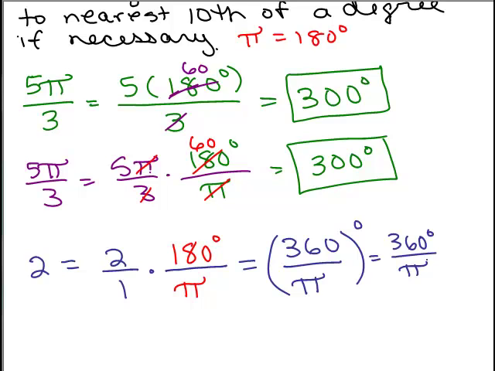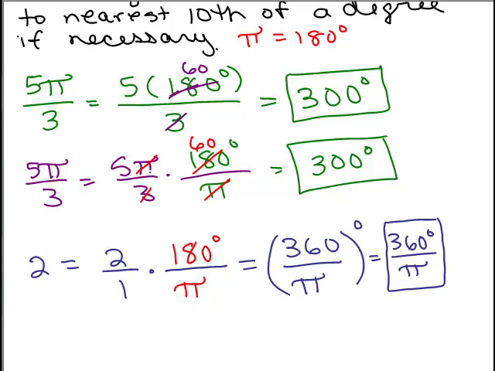Okay, now I said round to the nearest tenth of a degree if necessary. So this is the exact answer, either one of these that I've written. But now I'd like to know about how many degrees that is. So we want to take 360 and divide by pi. You want to use the exact value of pi, so use a calculator. Don't put in 3.14.